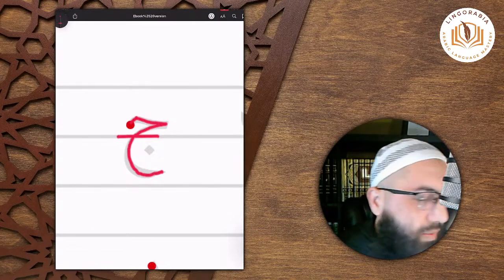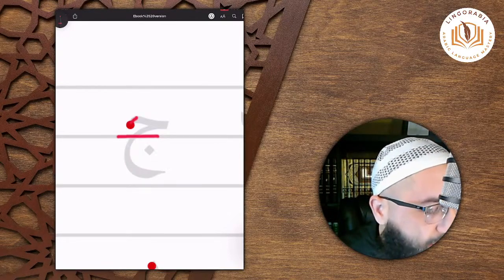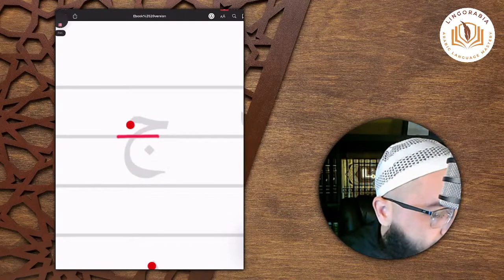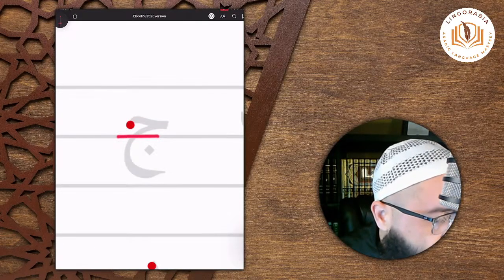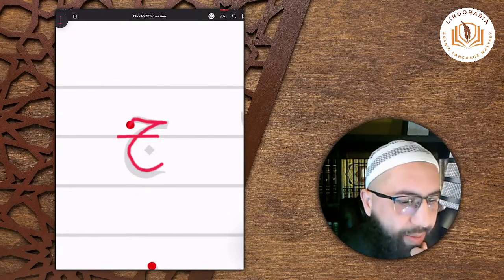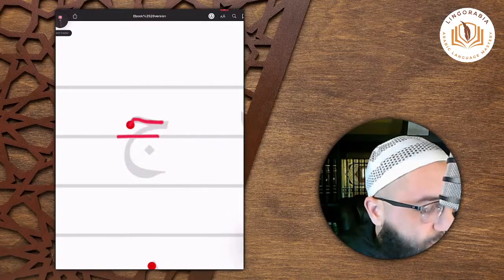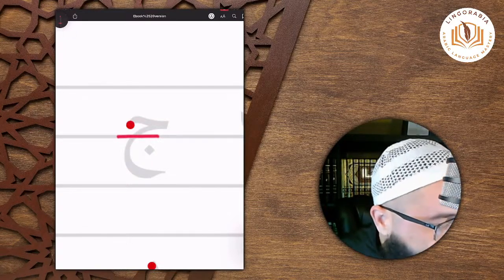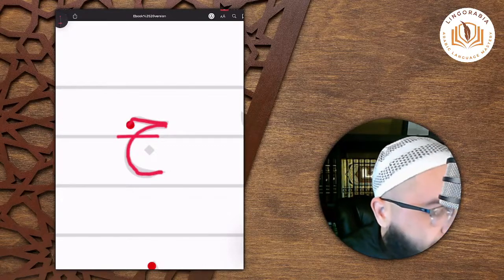So this is how you write the Jim. You got the upper part and the bottom part. The dot is put afterwards.